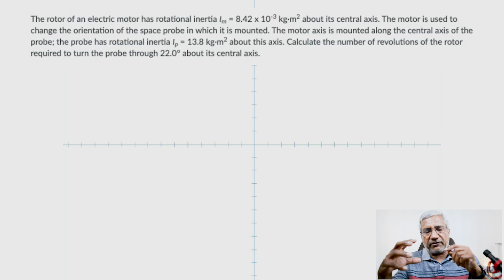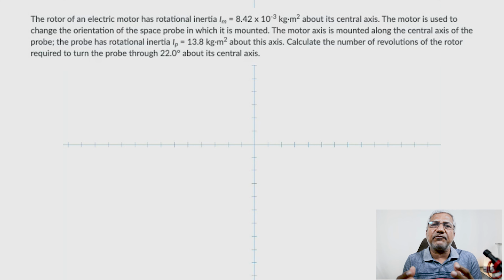So you have the motor and you have the probe. The probe has rotational inertia 13.8 kilogram meter squared about this axis. Calculate the number of revolutions of the rotor required to turn the probe through 22 degrees about its central axis.